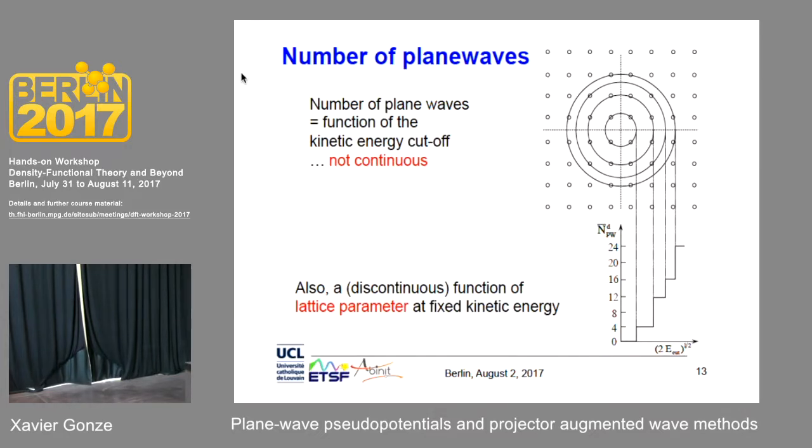Yes, the number of plane waves that is included when we increase the cutoff energy is clearly discontinuous. You see, one goes from 4 plane waves to 12 plane waves to 16 to 24, and this depends on the size of the sphere. It happens that there are some subtleties linked to this discrete increase of plane waves.